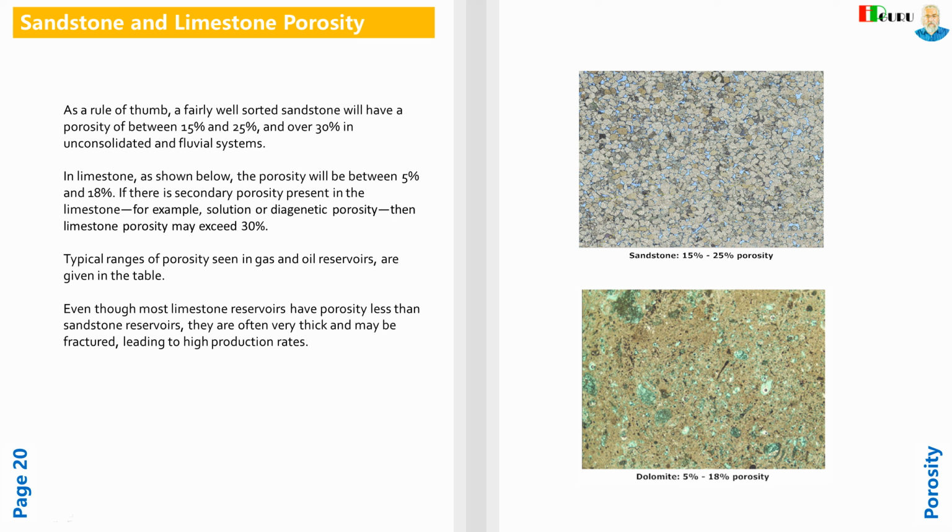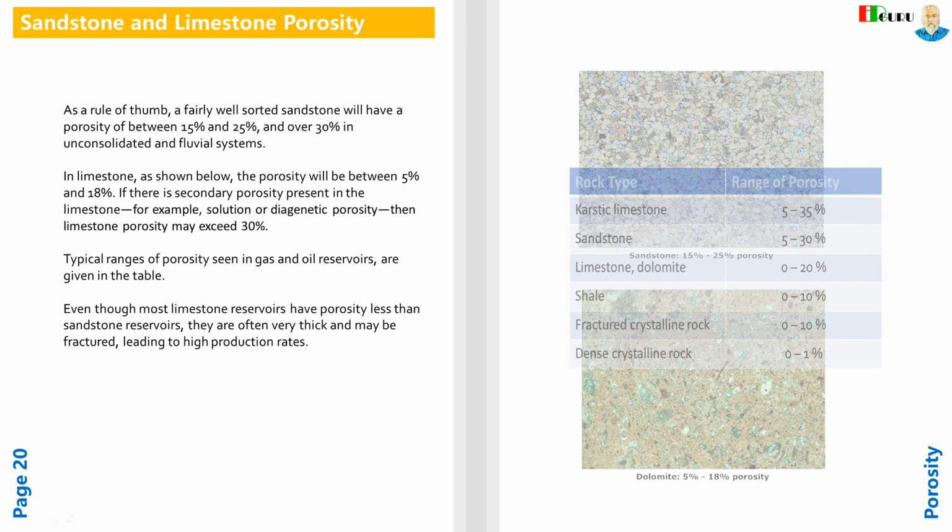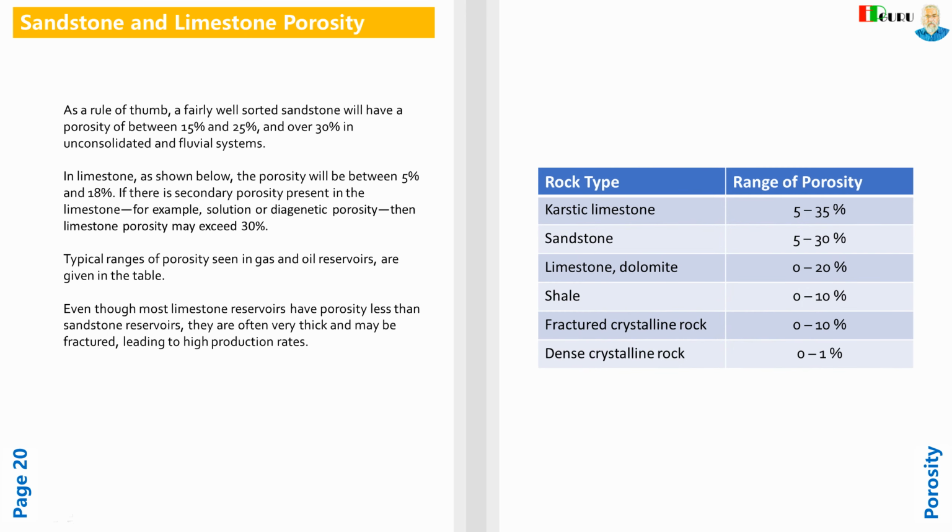If there is secondary porosity present in the limestone, for example, solution or diagenetic porosity, then limestone porosity may exceed 30%. Typical ranges of porosity seen in gas and oil reservoirs are given in the table. Even though most limestone reservoirs have porosity less than sandstone reservoirs, they are often very thick and may be fractured, leading to high production rates.